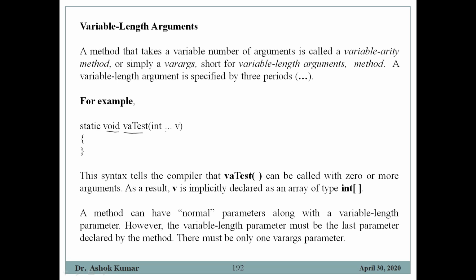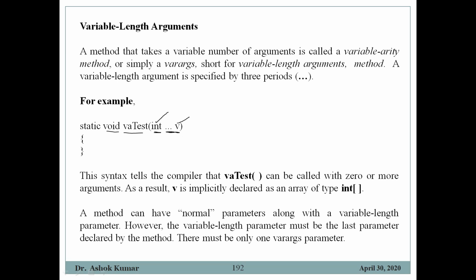And the important point is, whenever you declare the variable argument, you put 3 dots before the variable. So this v is a variable argument. It is of type integer. Whenever you create the variable argument, Java basically creates an array of the type you have mentioned over here.